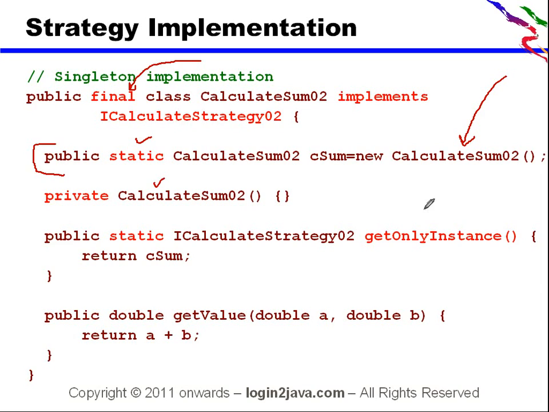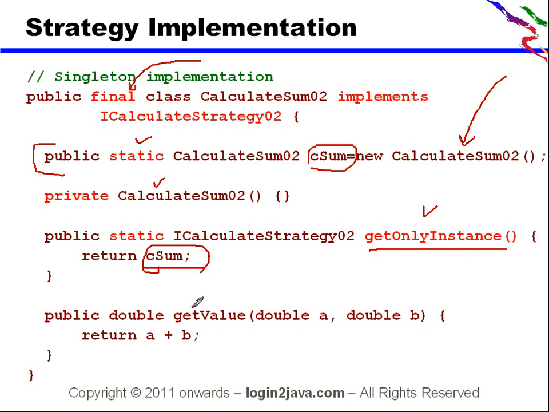And then we have a static method that will return the only instance. This is the instance that will be returned, the only instance. So you cannot use the new keyword. Instead you have to use getOnlyInstance, and it will give the only instance available for that class, and it will not allow you to create any other instance.